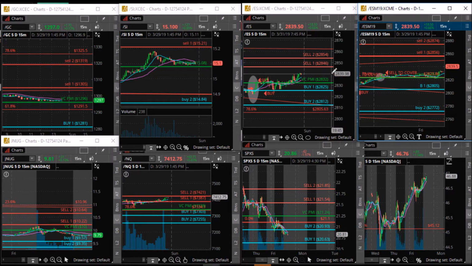Let me rephrase that and give you a more precise analysis as to what to expect as we come into next week. The market closing above the daily average of 28.32 activates the sell 1 level of 28.46 to 28.54.